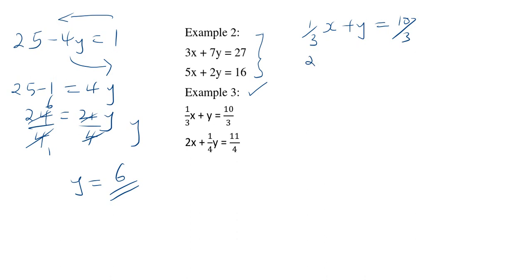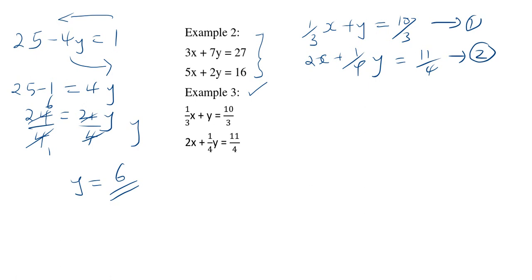And we have 2x plus 1 over 4 y. Sorry, it is not x, it is y. And this gives us 11 over 4. So let's have this as 1 and this as 2.